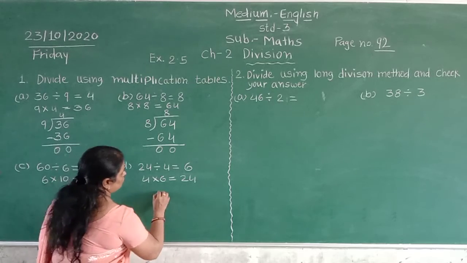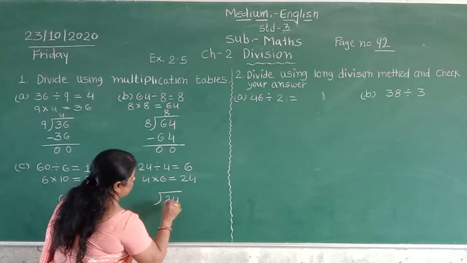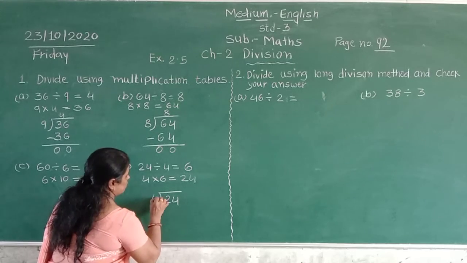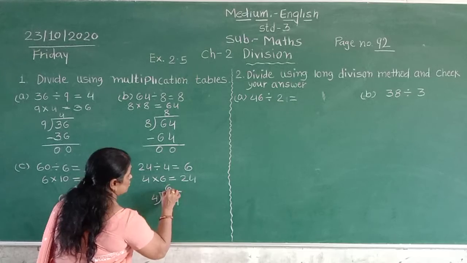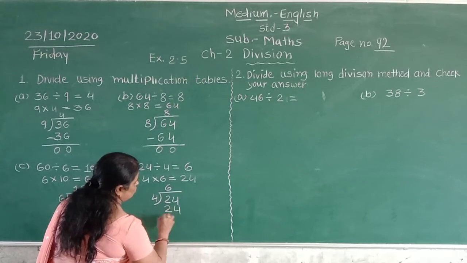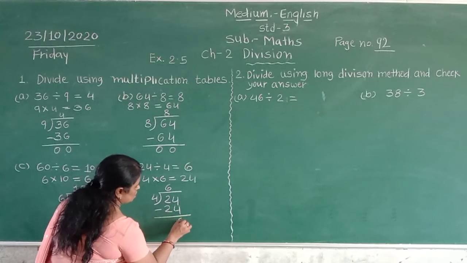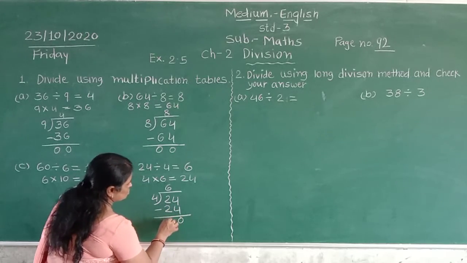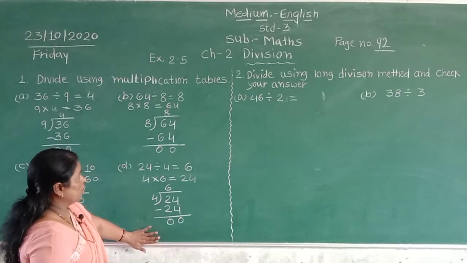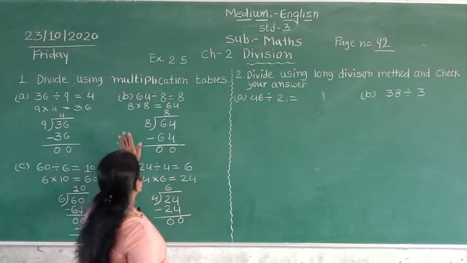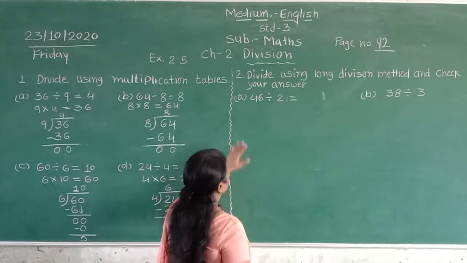Now we do the division method. 24 divided by 4. 4 6s are 24. 4 minus 4, 0. 2 minus 2, 0. So 4 6s are 24. This sum is multiplication according to the multiplication table.